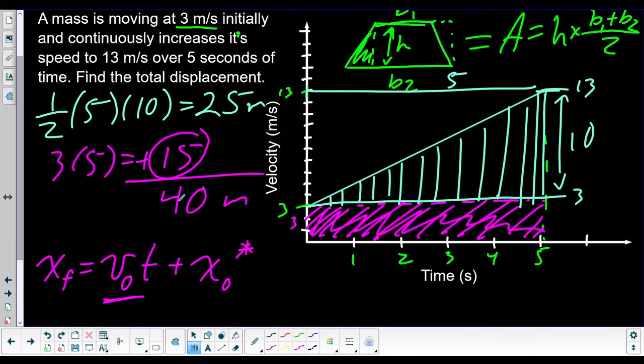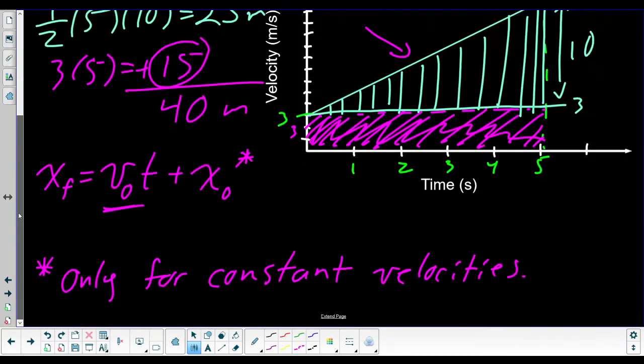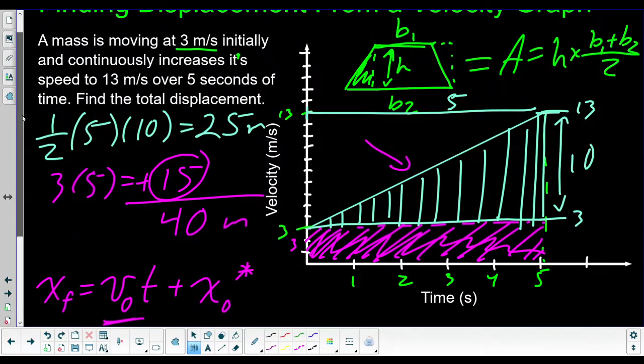So this formula is somehow ignoring that triangle on the top. We are going to learn how to put this triangle on in a later video. We're going to have to amend our formula, but just be aware that as it stands right now, this formula is not powerful enough and hasn't eaten enough Wheaties to be able to solve this problem.